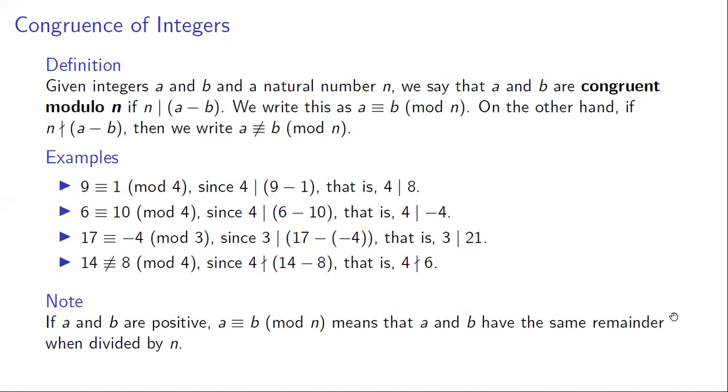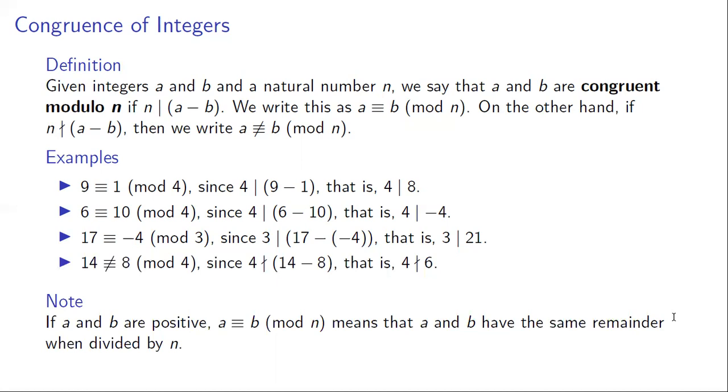Now, here's an important note that we're not going to prove. The book discusses this a little bit, but here's an alternative definition of congruence modulo n, and it is in fact equivalent to the original definition that we gave above. It's not easy to see that they're equivalent definitions, and we're not going to get into how we show that, but they are.